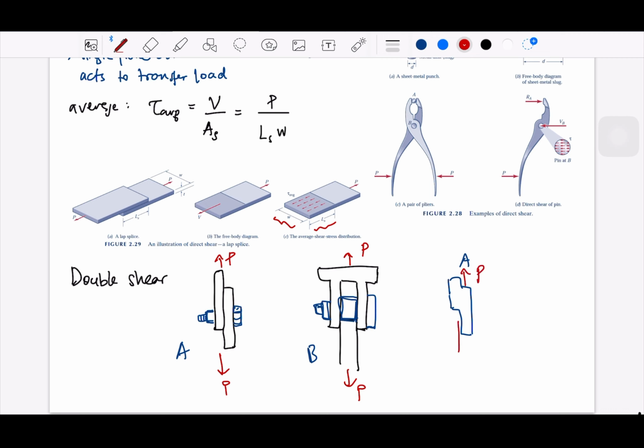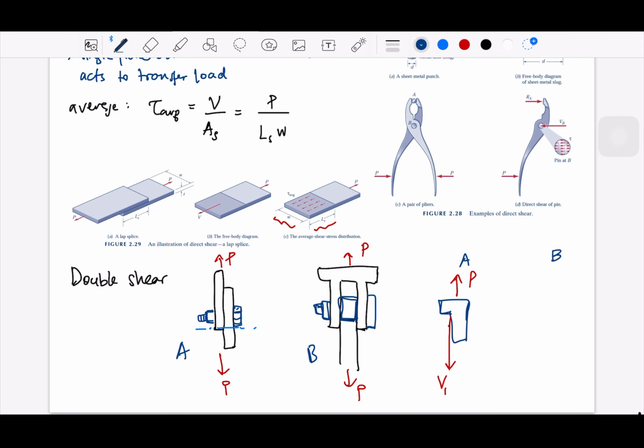This is B. If we cut, imagine cutting the middle, maybe cut here, we will have it like that, and this will be P, and this will be the shear force. So only one shear force that equals P, if we take that approach.